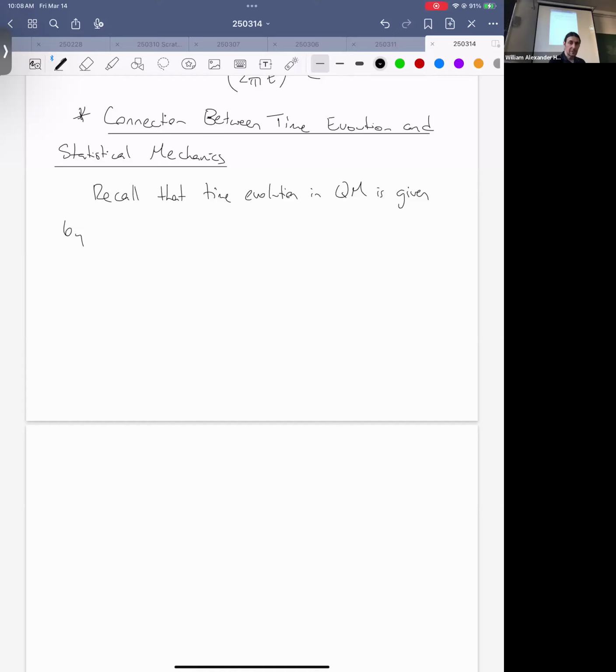is given by this time evolution operator, this unitary thing, which is e to the minus i t Hamiltonian, taking t0 to be 0 for simplicity, and taking the Hamiltonian as time independent.